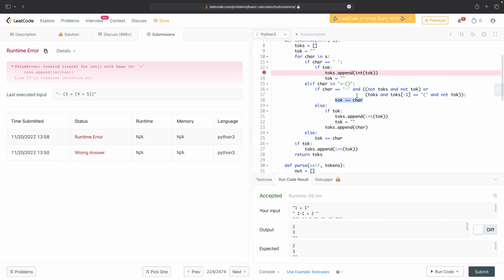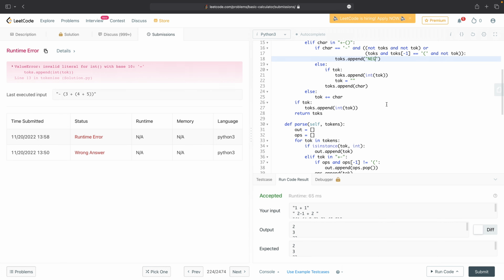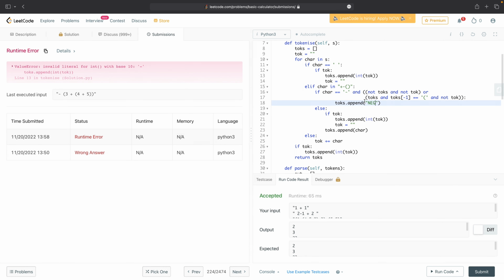Okay, no, we're much better off handling this differently. tox.append neg. That's what it is. Let's not do any of this weirdness with putting a minus and letting this all handle it. It's breaking things, basically.